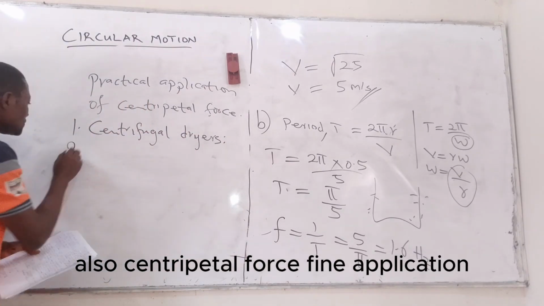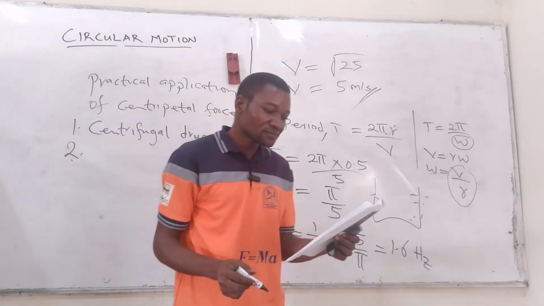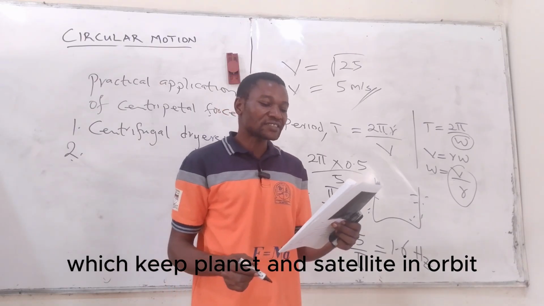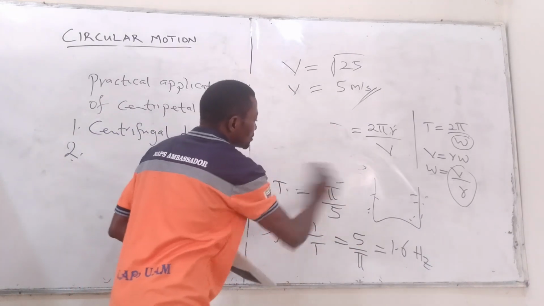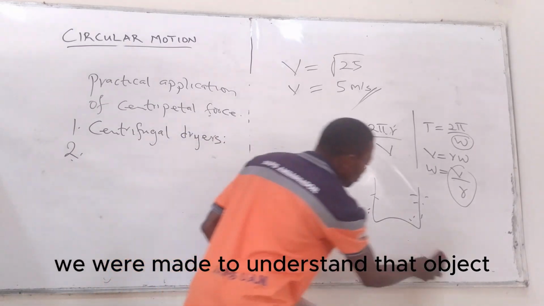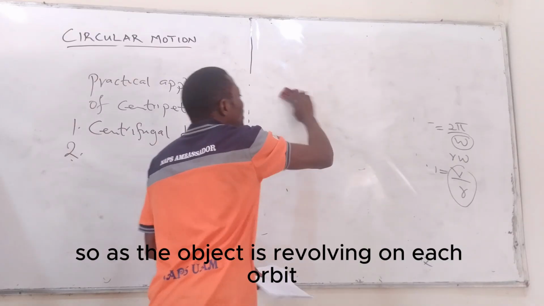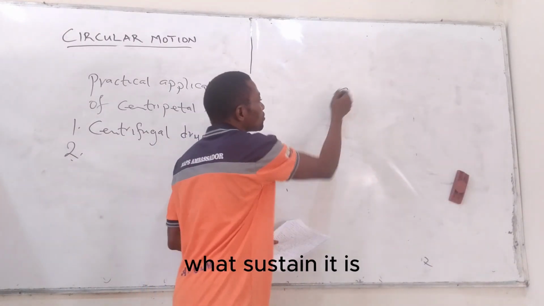Also, centripetal force finds application. It is the gravitational attraction which keeps planets and satellites in orbit. In the solar system, we were made to understand that objects revolve in a circular orbit. So as the object is revolving on its orbit, what sustains it?